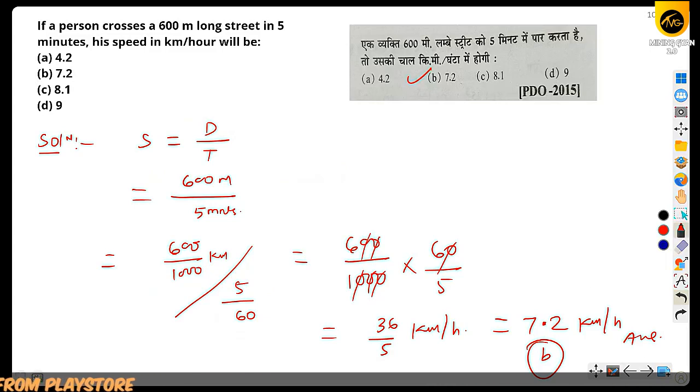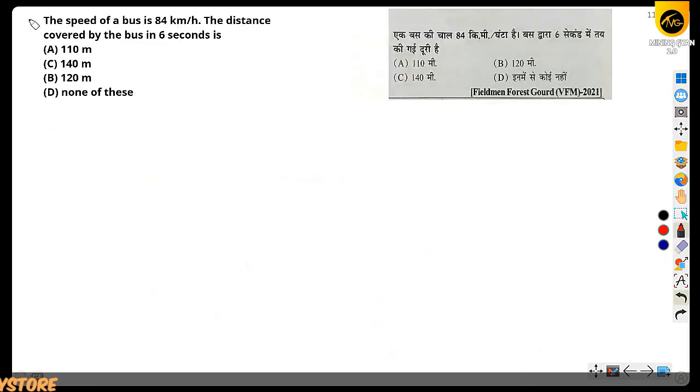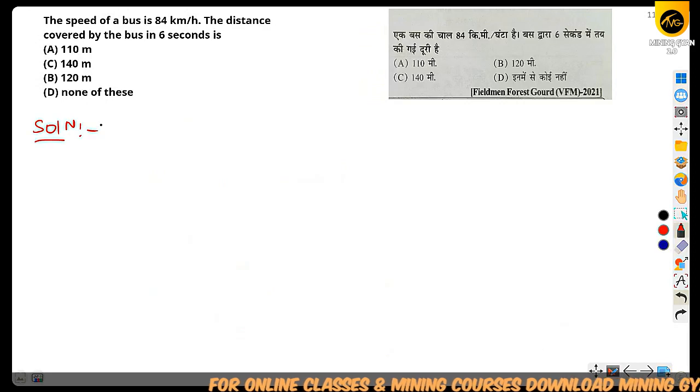Okay, next question is: the speed of a bus is 84 kilometer per hour. The distance covered by the bus in 6 seconds is, okay, we have to find out the distance covered by the bus in 6 seconds. Basically, these are all basic types of questions you can easily solve by converting the units.